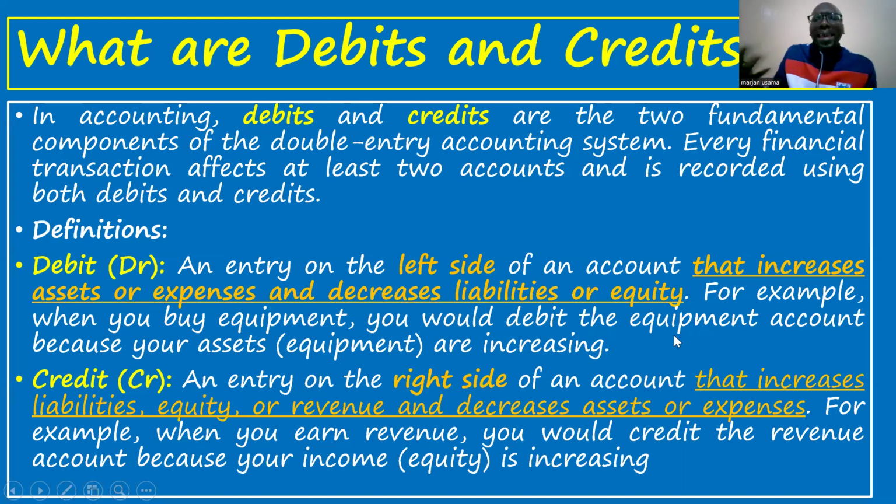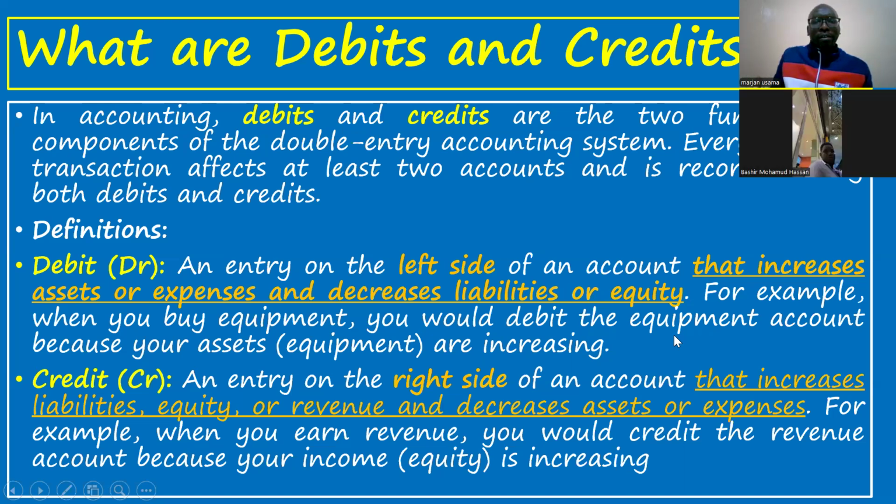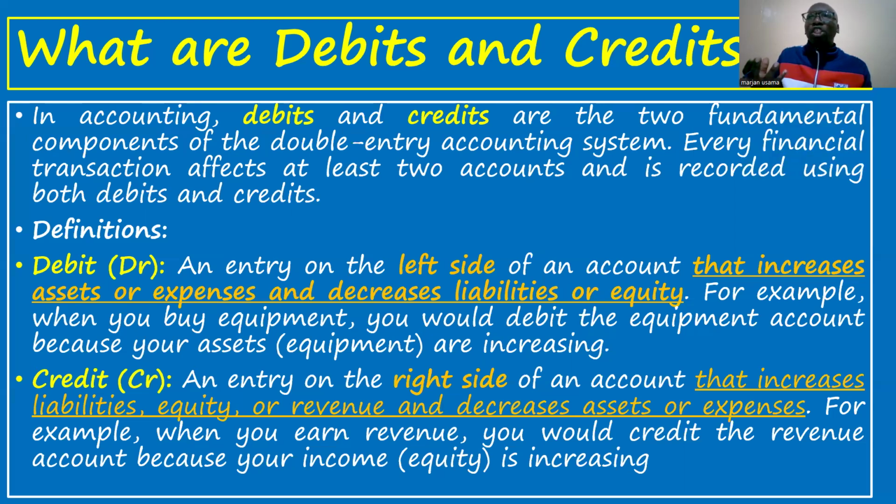For example, anything you buy, al-mushtarayat, you debit because it increases your account. Anything you buy, you debit.